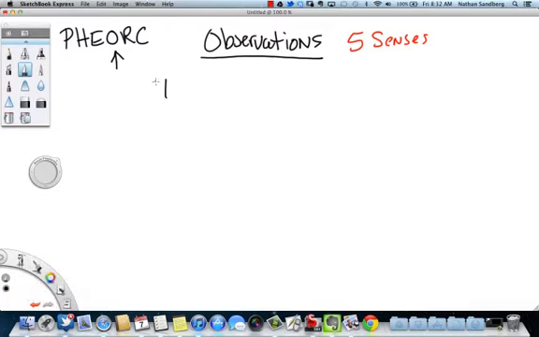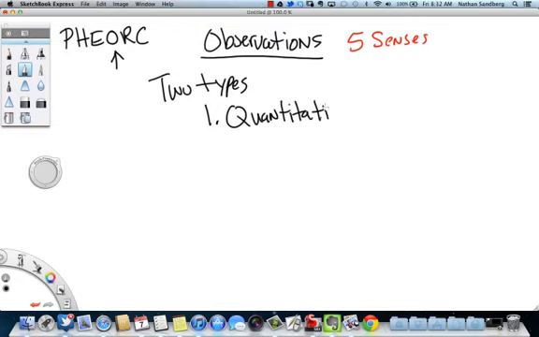But there's 2 types of observations. The first type is called quantitative.